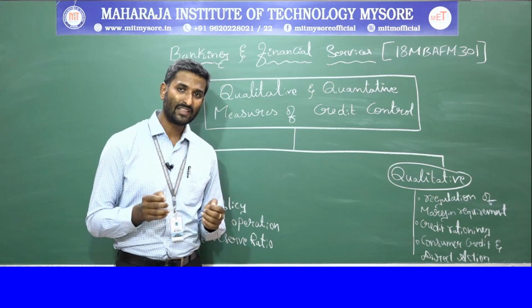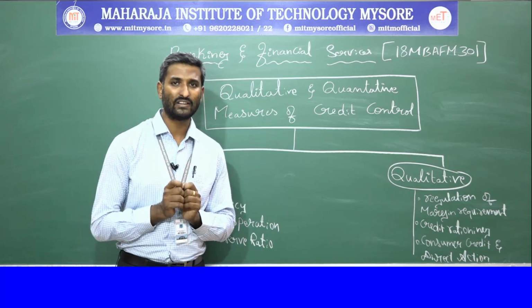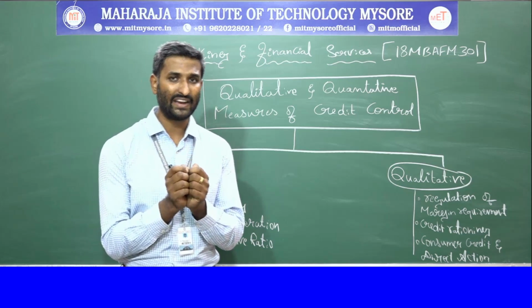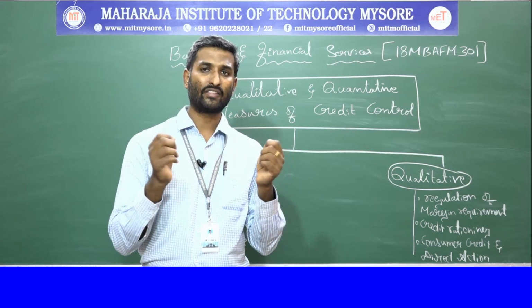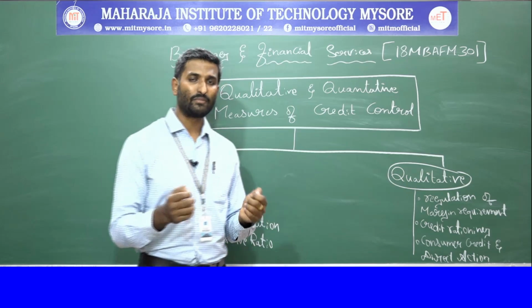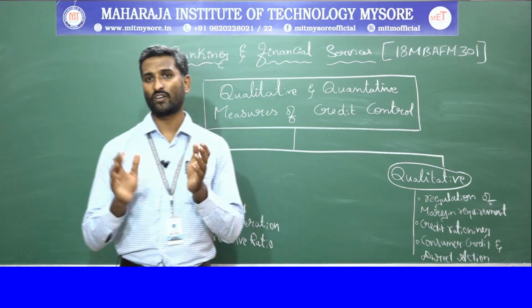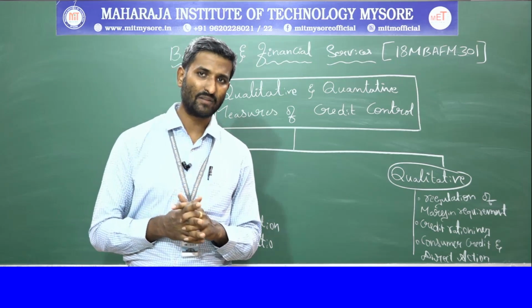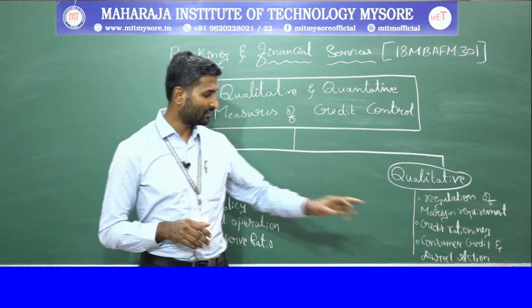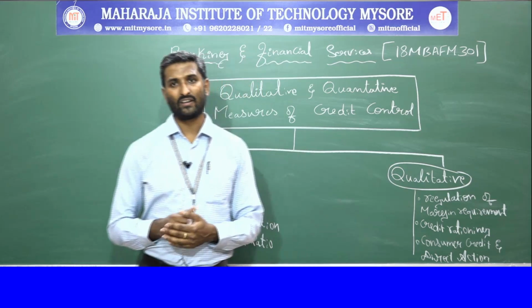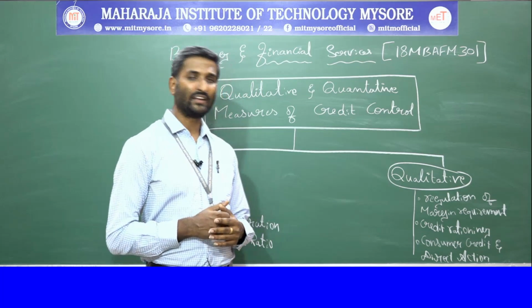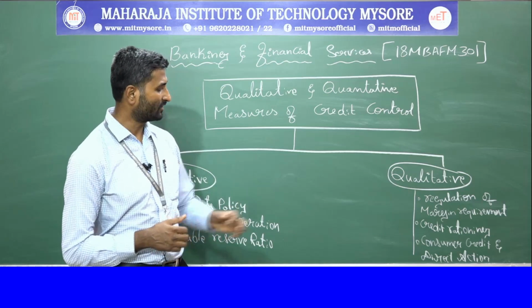So these measures are always helpful to bankers to decide about the person, as an individual or as a business, and to know the status and worthiness of the company. Based on that, they can provide the banking and financial services.